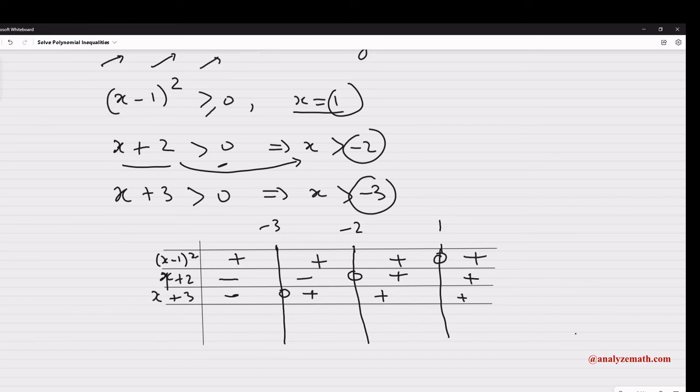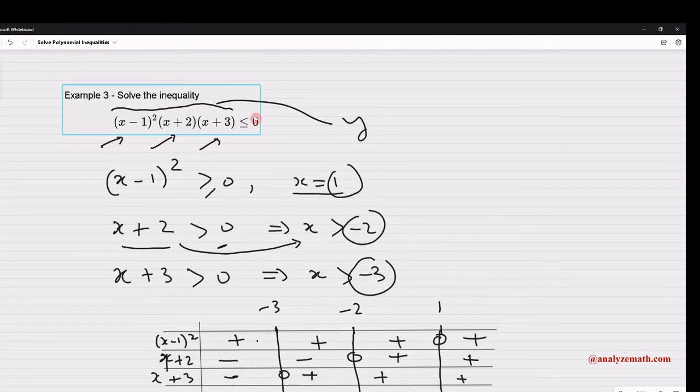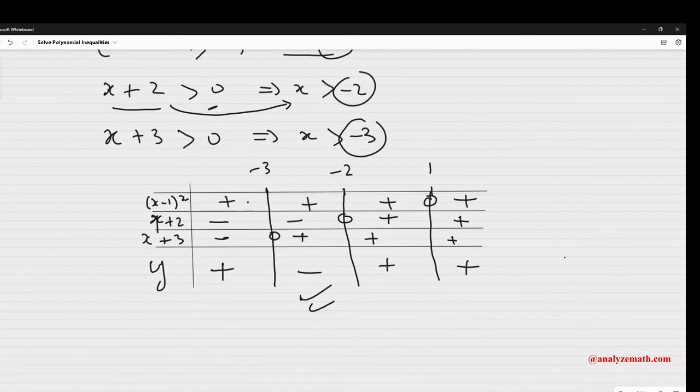So positive multiply negative is going to give me plus, and then positive by positive gives me negative, and then positive here as well. Remember, we are looking for when it is either negative or 0. Negative is here. So these intervals are out.